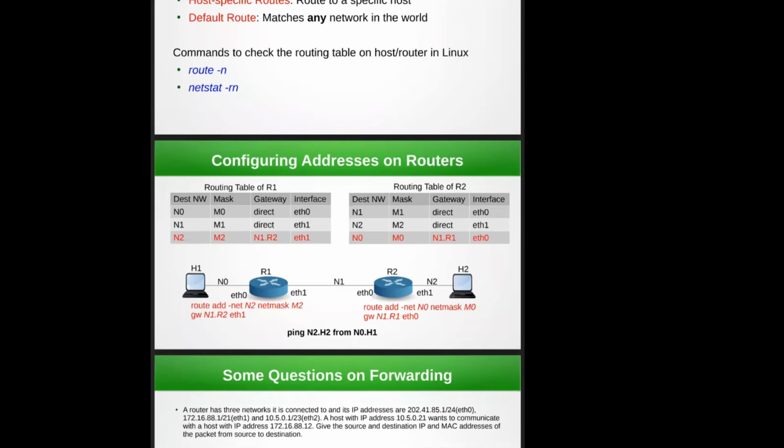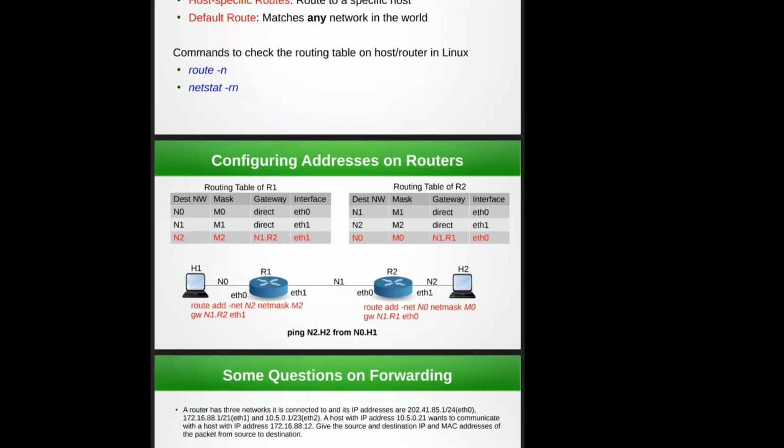So you give IP addresses N0.R1, N1.R1, and similarly N1.R2 and N2.R2, which will fill the first two entries in the routing table. Then I can add, using the route command, networks manually into the routing table of routers, or even hosts.